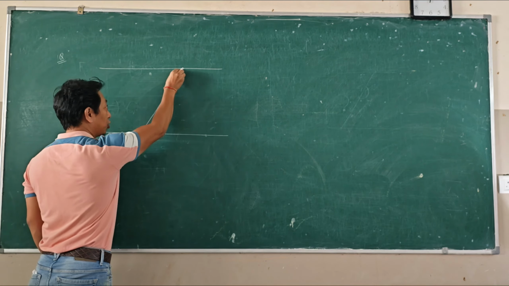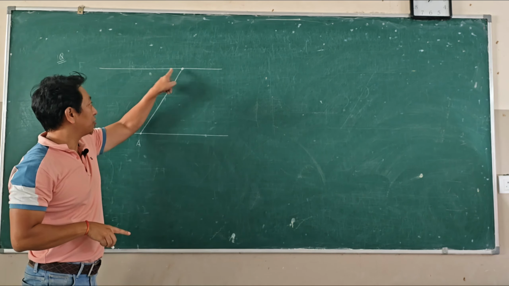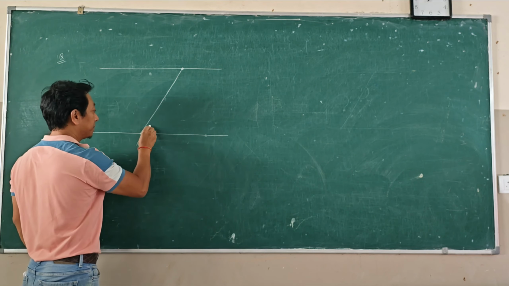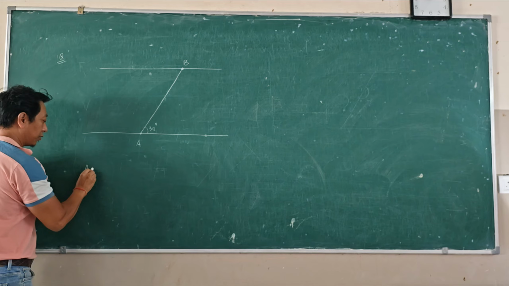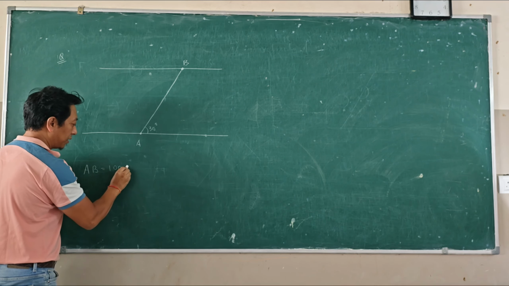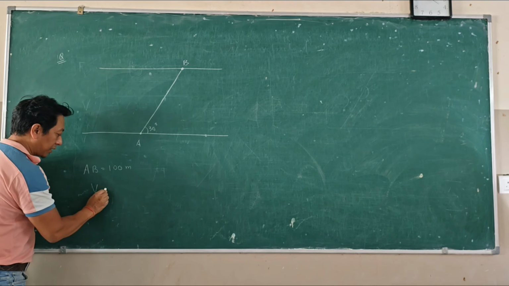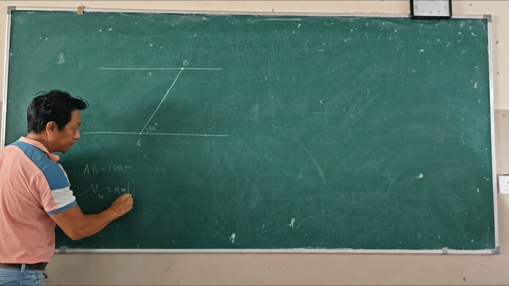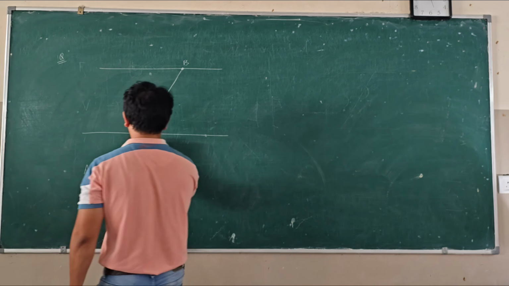So I want to make sure I reach there. I should not reach here, I should not reach here. Okay, so 30 degree. So I must reach from A to B. And let's say A to B is 100 meter. Water's velocity is, let's say, 4 meter per second. Water's velocity will obviously be along the river.